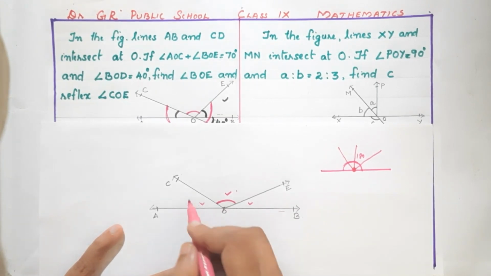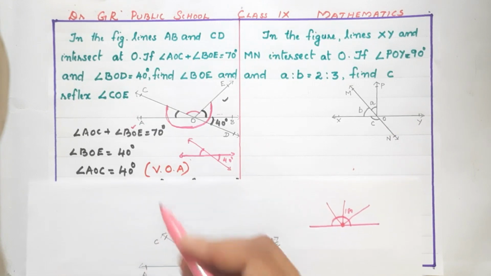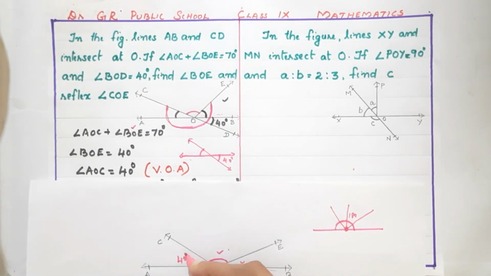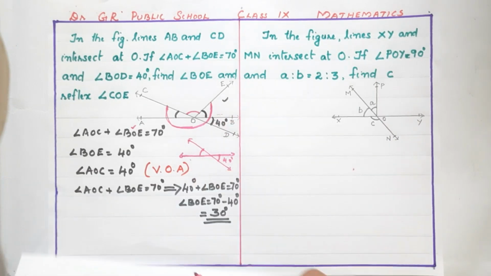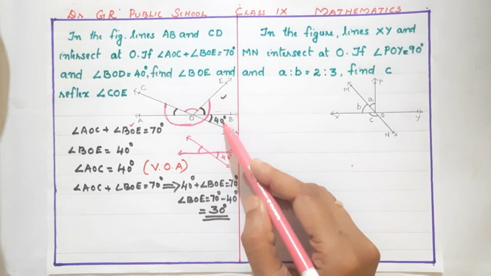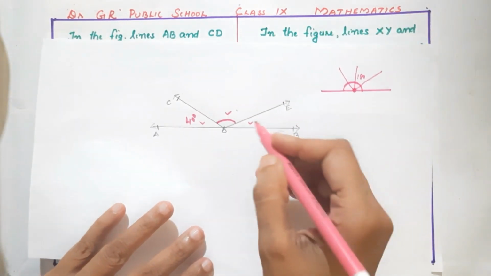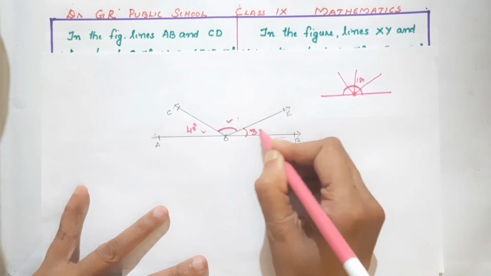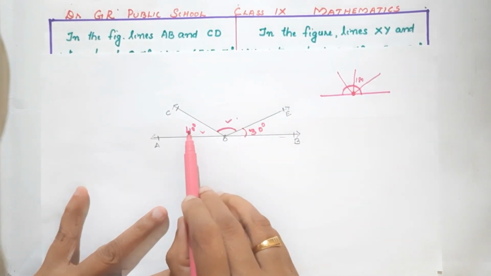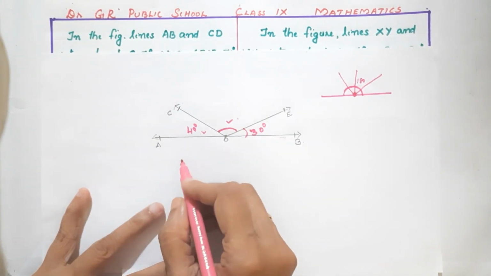Okay. So, we know angle AOC. What is angle AOC? 40 degrees. Isn't it? Angle BOE we got as 30 degrees. So, we can mark that also. Now the sum of these three angles is 180 degrees.